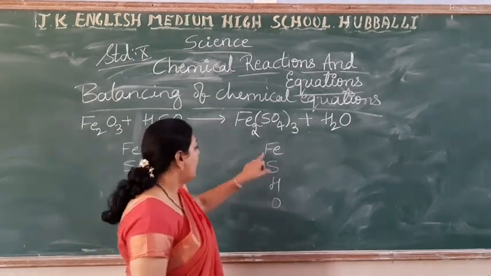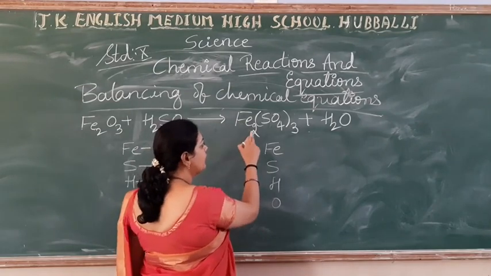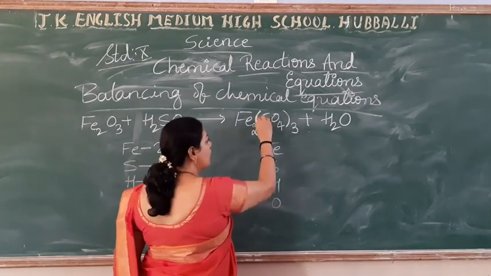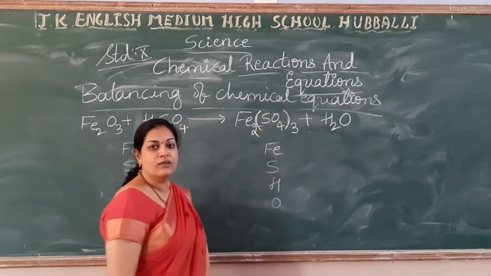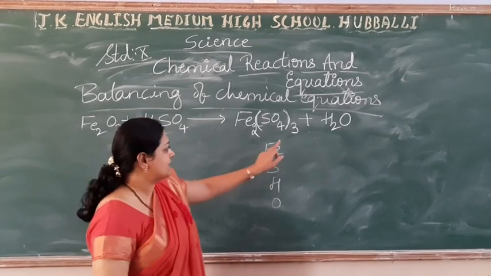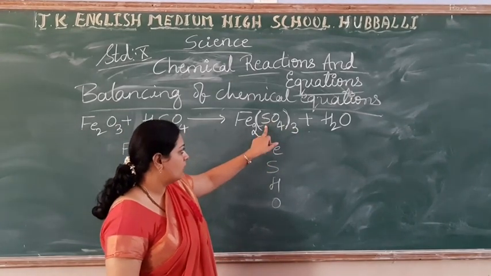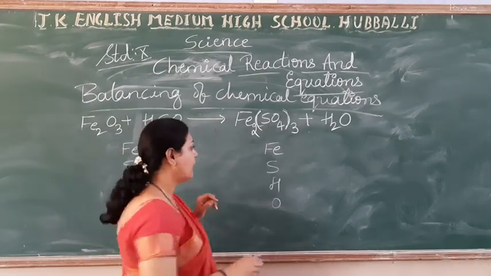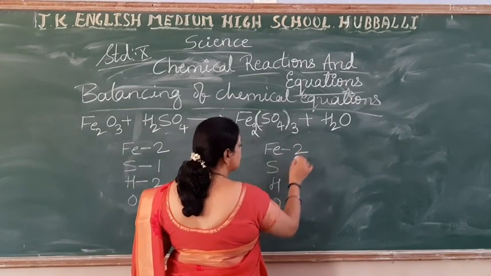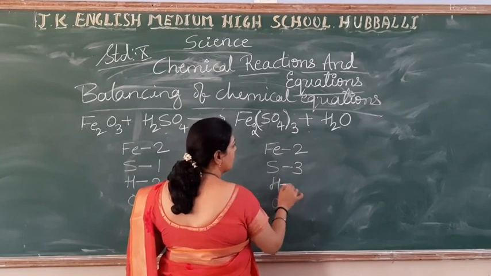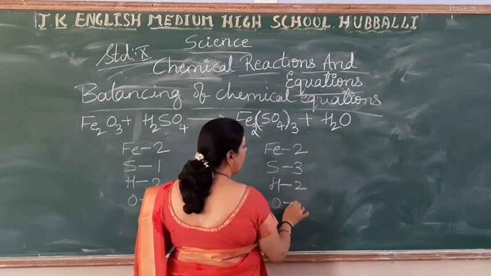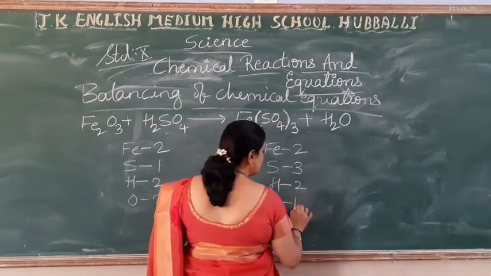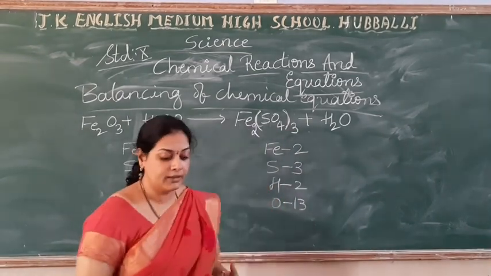See students, Fe2(SO4)3. Is this bracket for iron? No, it is only for SO4. So this 3 you are multiplying with sulfur and oxygen but not with the iron. Keep it in the mind. So iron 2 atoms, sulfur 3, hydrogen 2, oxygen 4 3s are 12, 12 plus 1, 13 atoms.